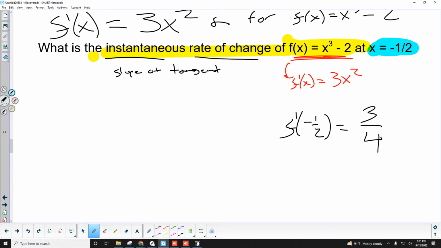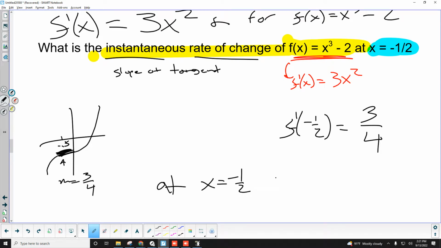Three-fourths. Its slope, 3/4. That's how quickly it's changing. We could say at x equals negative a half, y equals x cubed minus 2 is going up 3/4 of a y per x.